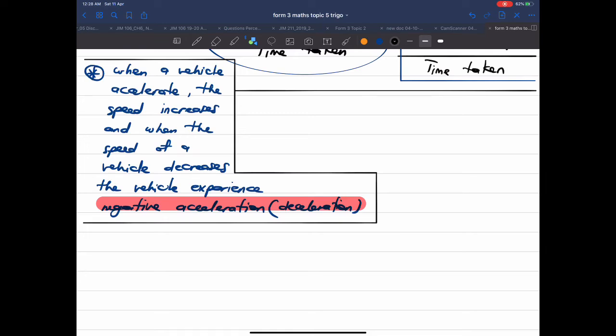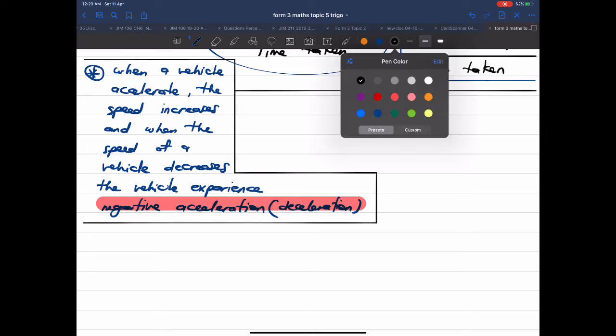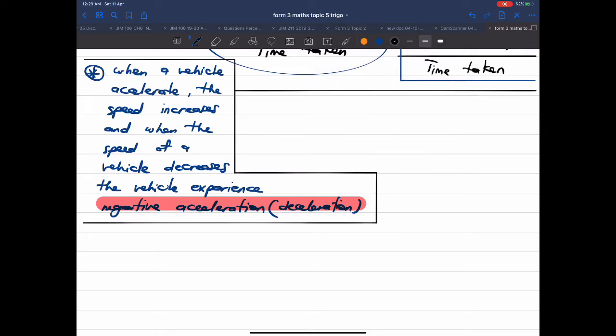I'll just tell you the question. Listen carefully. The diagram shows a particle. I'll draw for you. A diagram shows a particle.